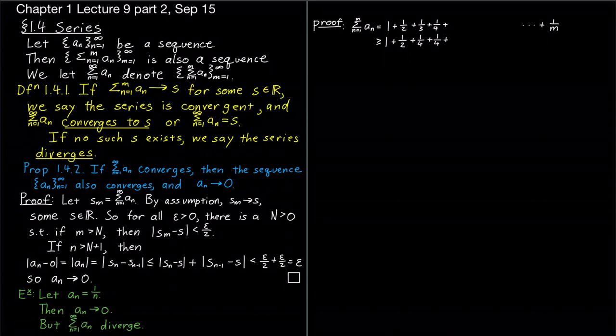And then we'd have a fifth and a sixth and a seventh and an eighth and a ninth. We're going to drop those all down to an eighth and an eighth and an eighth and an eighth. And then we've got a half, 2/4, 4/8. Not going to write them out, but we're going to have 8/16, and so on.